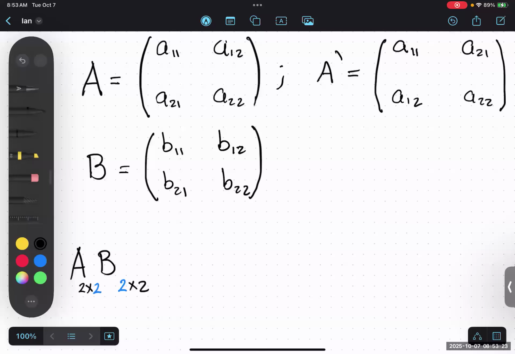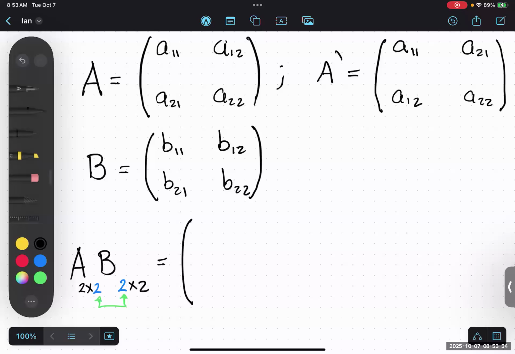In this case, of course, since both matrices have dimensions 2 by 2, it is obvious that we are allowed to perform the product because the number of columns in matrix A corresponds to the number of rows in matrix B.